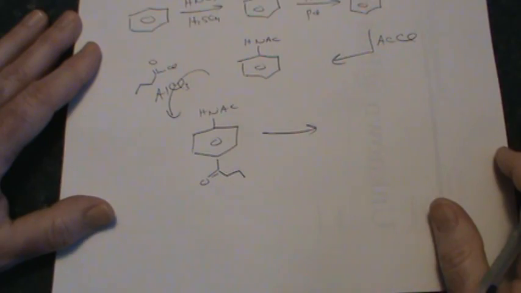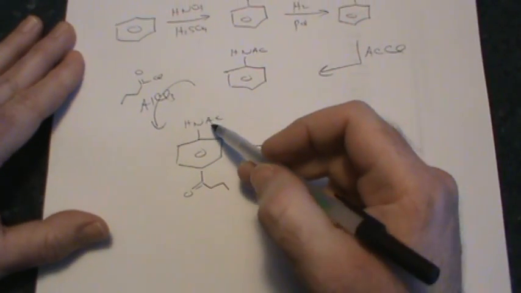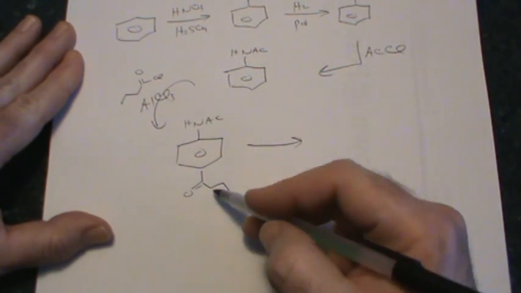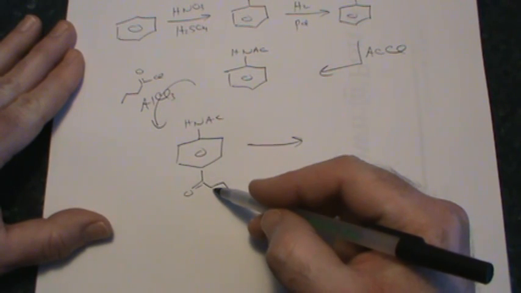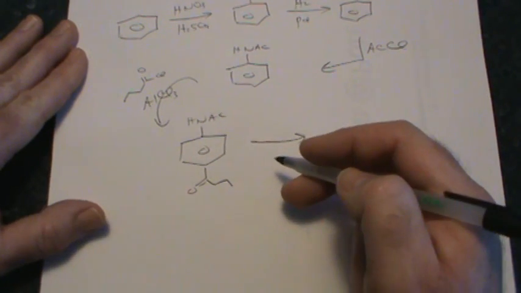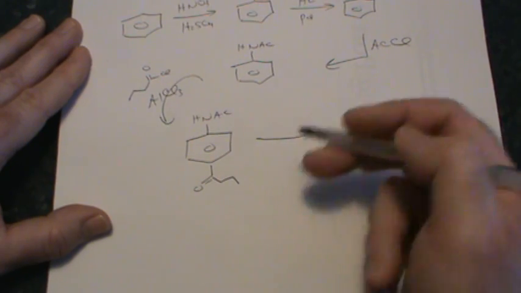Now I've got 2 things left to do. One is I've got to hydrolyze the amide back to an amine, and the other is I have to reduce the ketone to an alkyl group. Really doesn't matter in this case which order you go in.